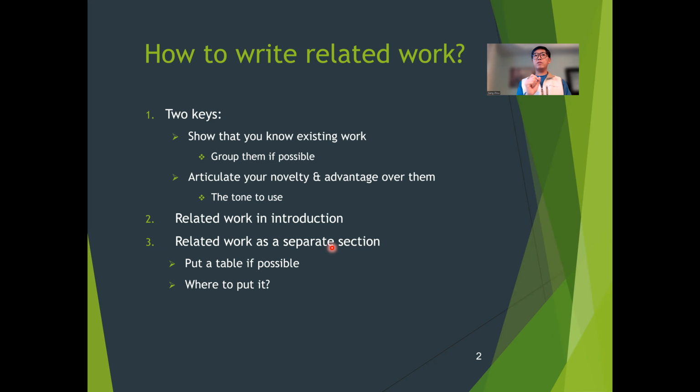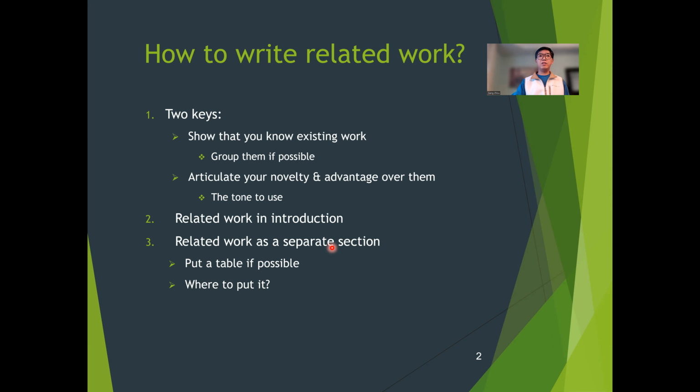You know the existing work, and you articulate your novelty and advantage over it, right? But here you do have more space. You have probably 1 page typically, or sometimes even 2 pages. So you're also going to describe them by groups. You're also going to use the right tone to point out their merits, as well as articulating novelty, right?